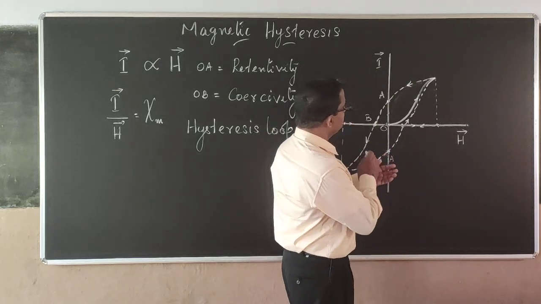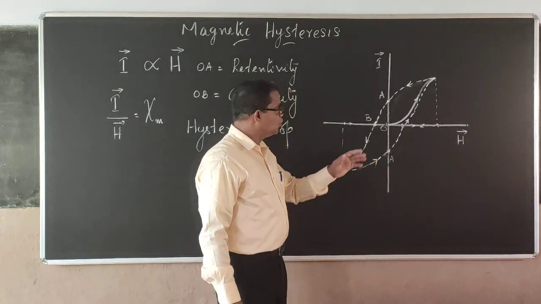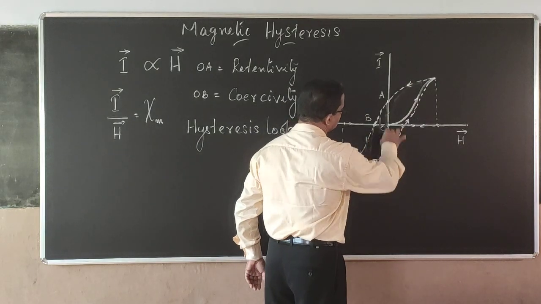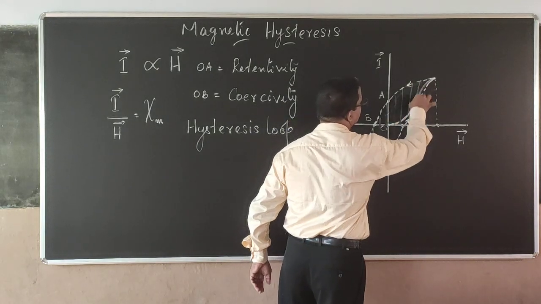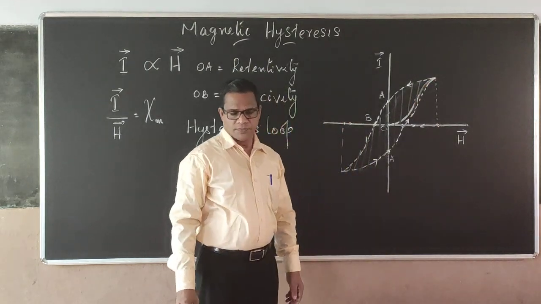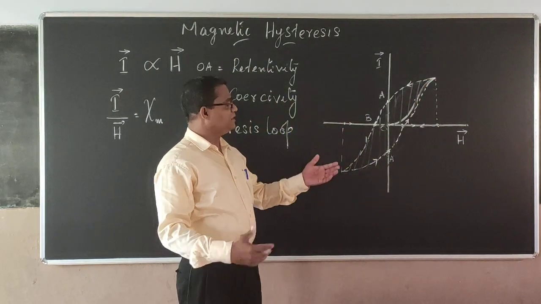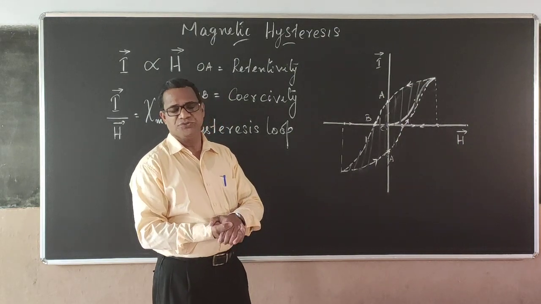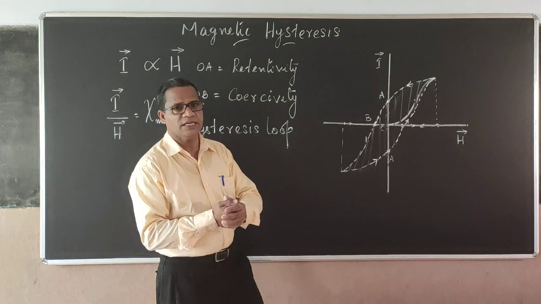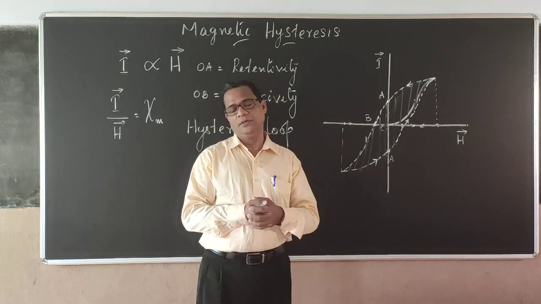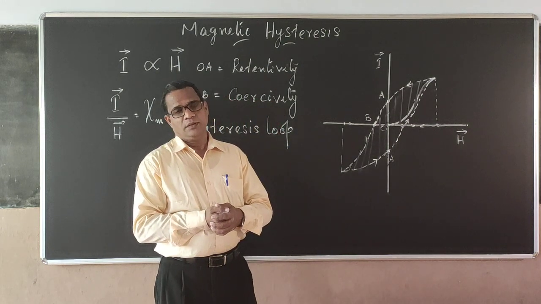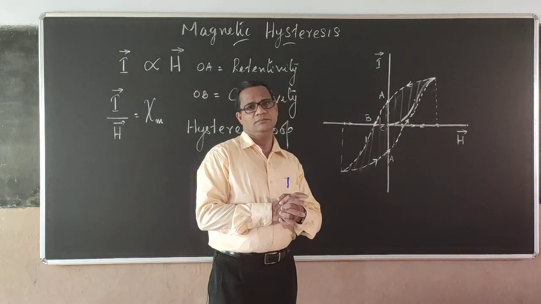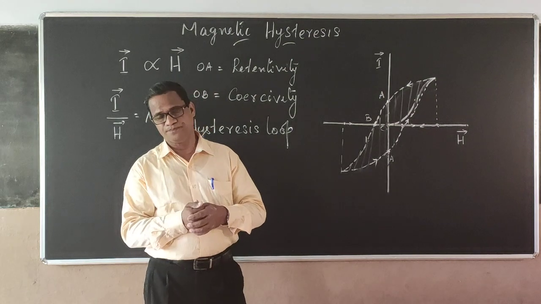Now, for a given material, you are getting a loop like this. This loop has a definite area. And when the material is subjected to a complete cycle of magnetization continuously, you can see that the material is getting heated up. That means there is an amount of work being done in this process.